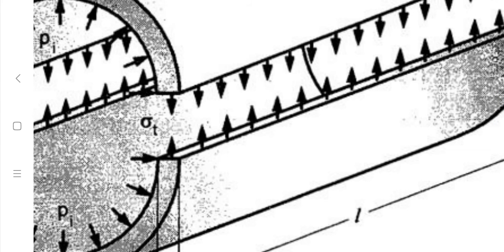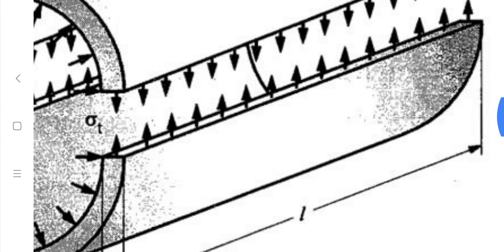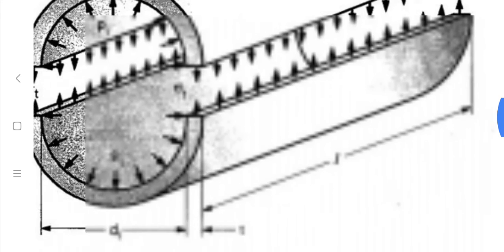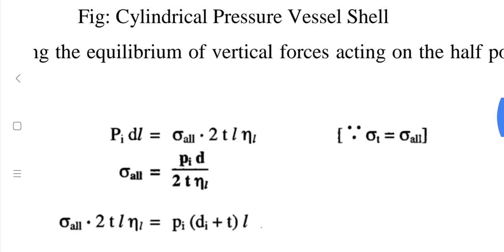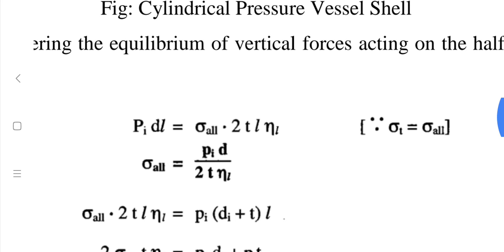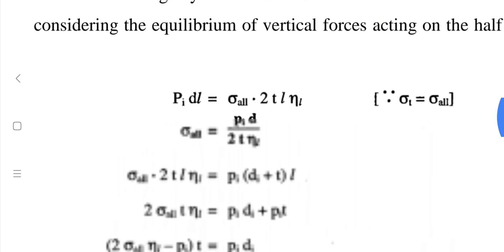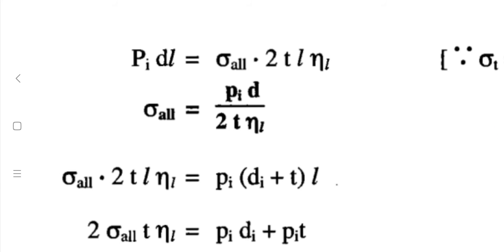You can observe this area, this cross section area of stress, and its allowable value, stress allowable value, it is nothing but the stress force. By equating these two, we have sigma allowable is equal to P Di upon 2t eta L, where eta L is efficiency of longitudinal joint.